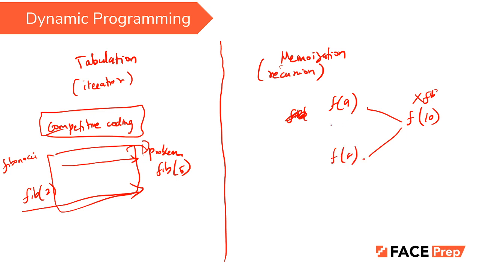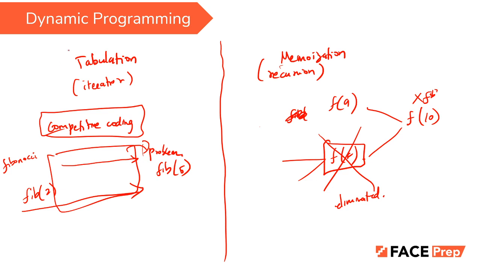Now I just need to know the maximum of these two, or somehow I am able to find that the 8th node is not going to give me the answer. Then the entire recursive tree behind this 8th node can be eliminated in some problems, not in the Fibonacci series. Only in those cases is memoization preferred. But usually those cases can be handled in tabulation also. So tabulation is usually preferred in competitive coding.